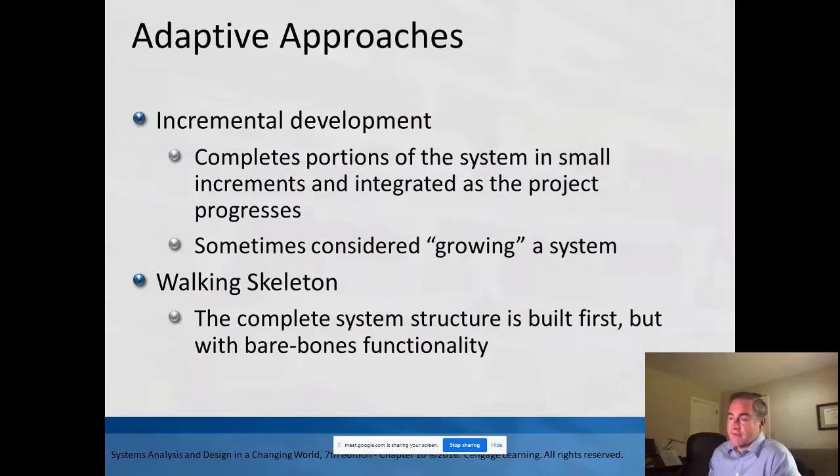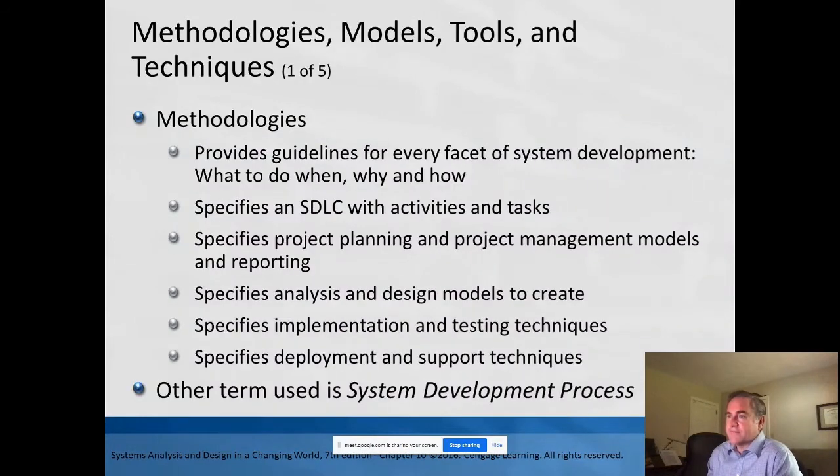One is, as the text calls it, a walking skeleton, where you build the entire structure, but it's not deep. It doesn't do everything. You could walk through it, but there's only going to be very basic things that it completes. Another approach is to do a prototype approach where you build individual but complete subsystems and then grow that from there.